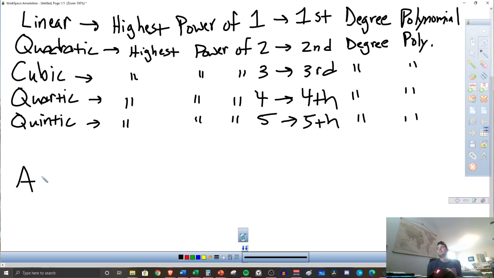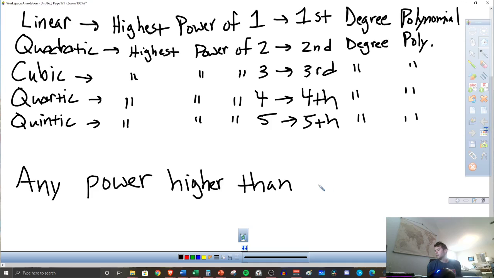Any power higher than 5 does not have a special name.